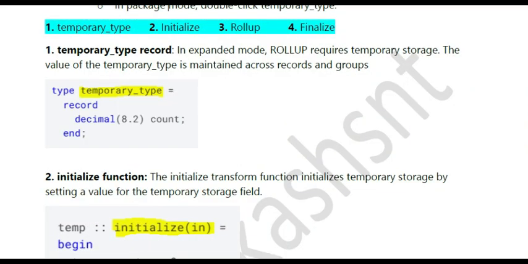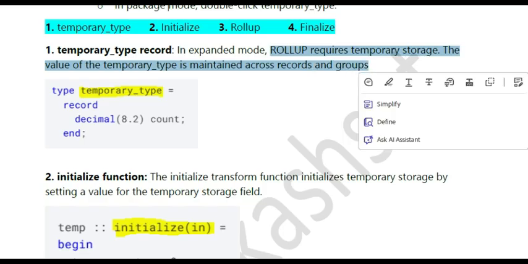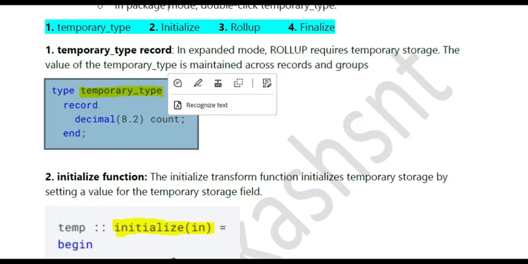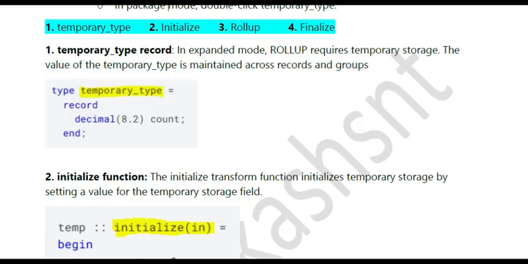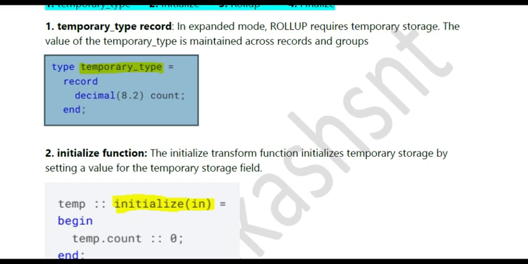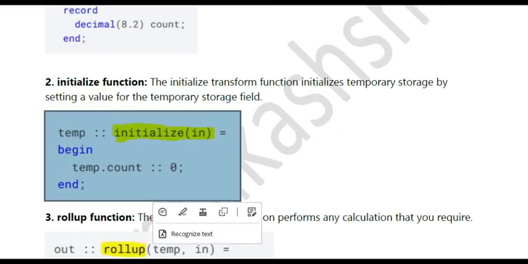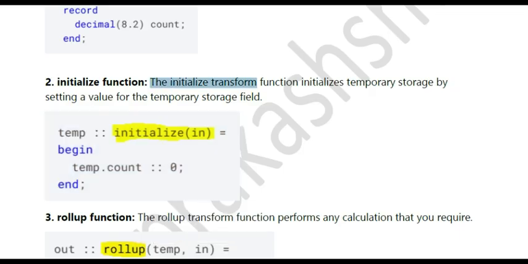Here you can see an example that I have given for each function. In expanded mode, Rollup requires temporary storage. The value of the temporary type is maintained across records and groups. So whatever temporary type you specify will be your local storage, a local variable. Next we have the initialize function.